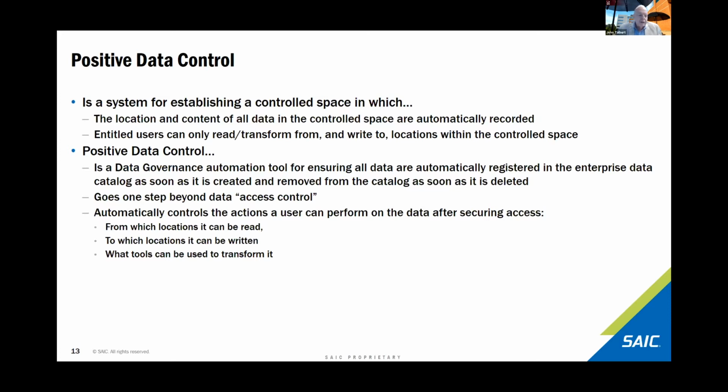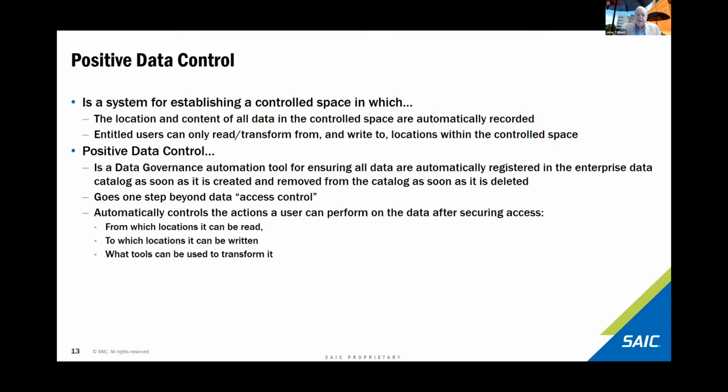So there's a great deal of need for more automation to make more of these things done automatically in a controlled way. And so that's really what positive data control is about. It's really about automating many of the functions of data governance that are left to be manually mediated right now.